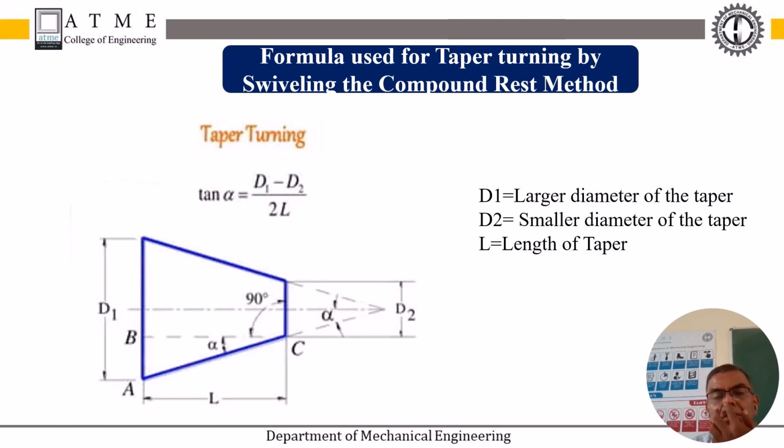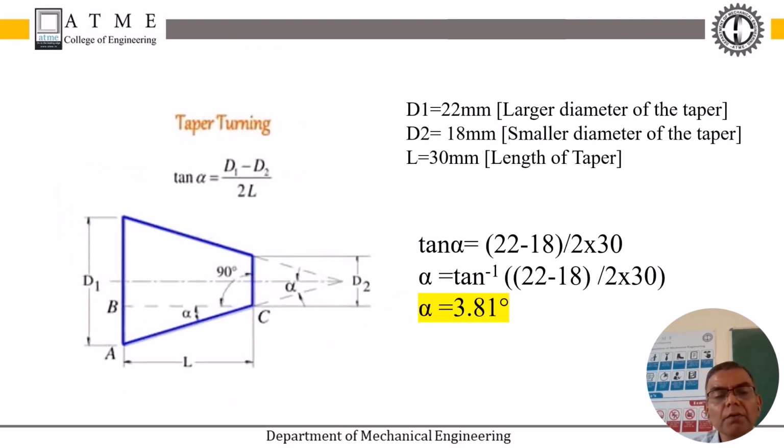Let us find the value of alpha required in this compound rest method. D1 is 22 millimeter, let us take D2 as 18 millimeter, and the length of the taper is 30 millimeter.